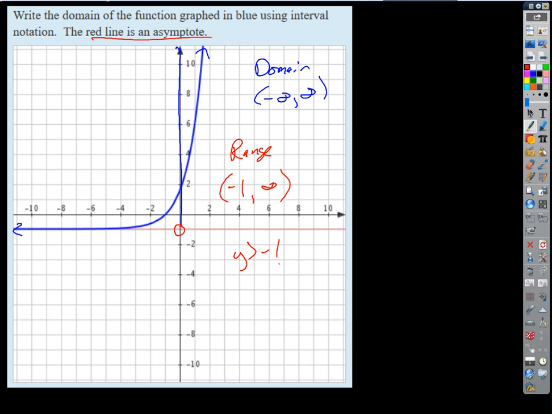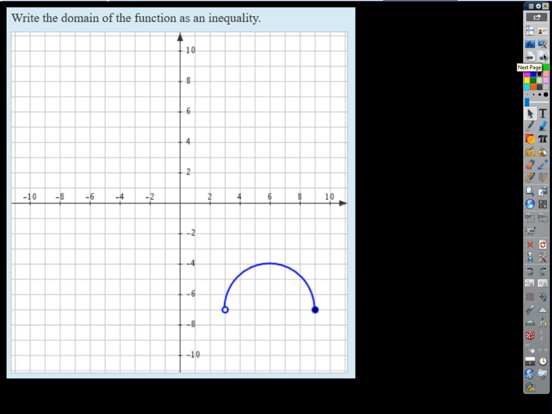Okay. How about this? What's the domain of that function? Tell me what to write, Carson. Okay, but we're talking about domain.